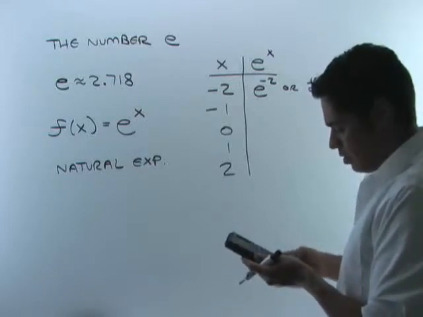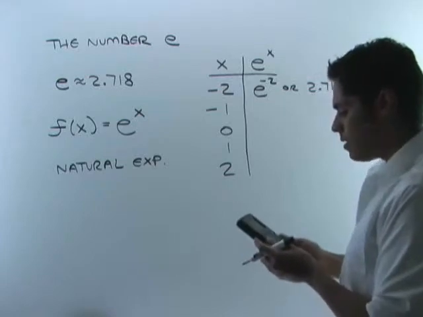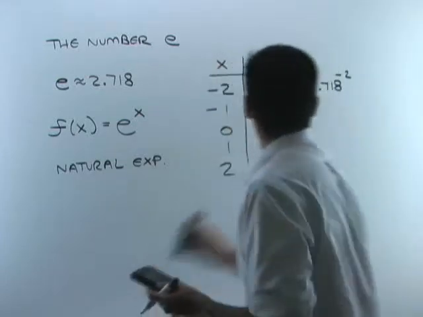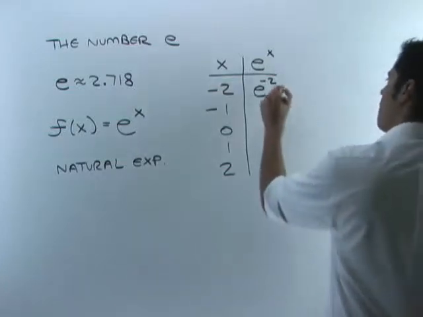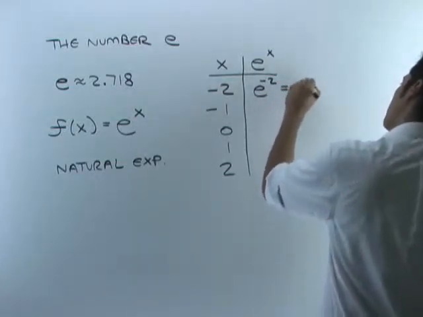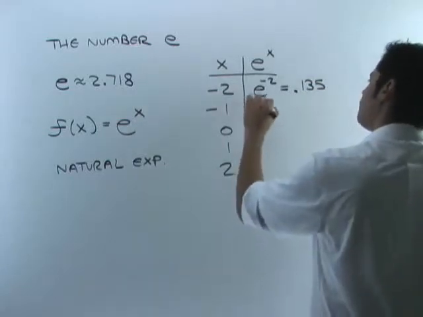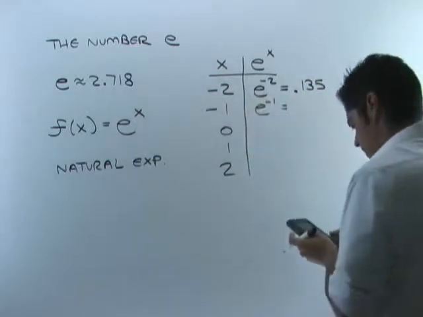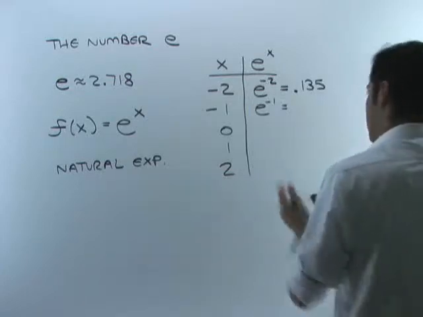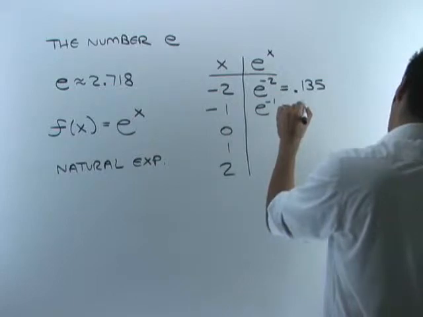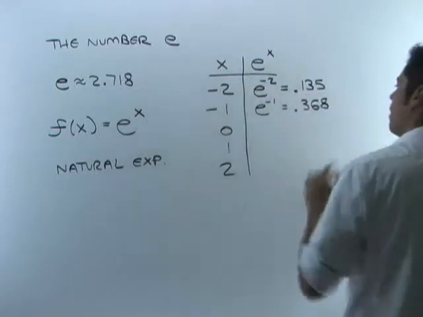E to the -2 on my calculator gives me about 0.135. Okay, now if you do e to the -1 on your calculator, you should get about 0.368 with a little rounding there.